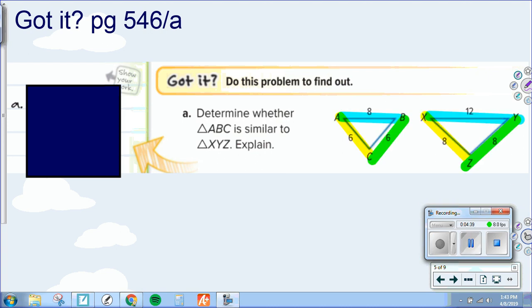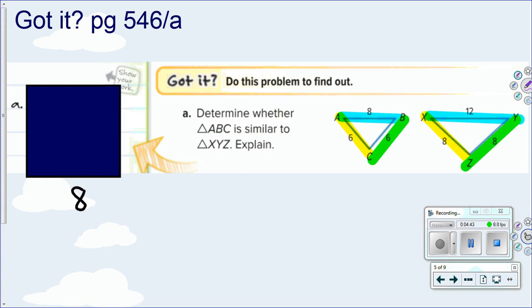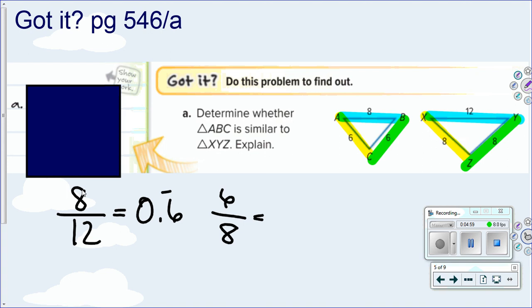Alright, so let's go over this problem. So we should have had AB over XY, so 8 over 12. What's 8 over 12? 0.6 repeated. BC matches up with 6 over 8. What is 6 over 8? 0.75.